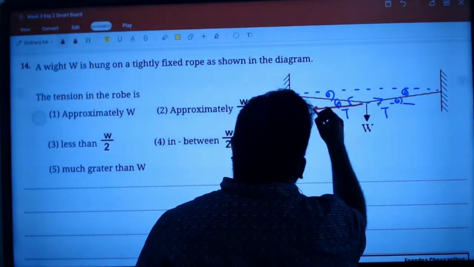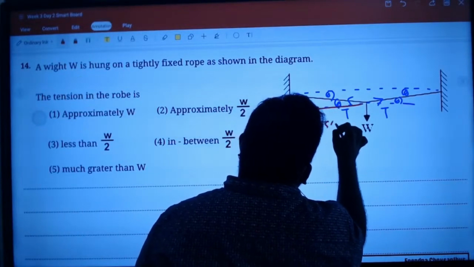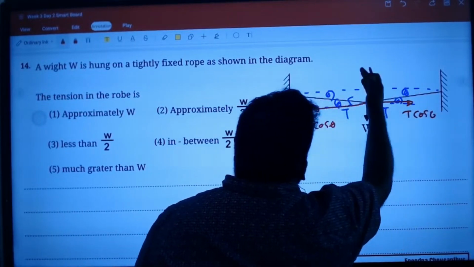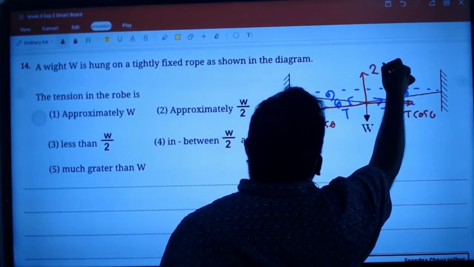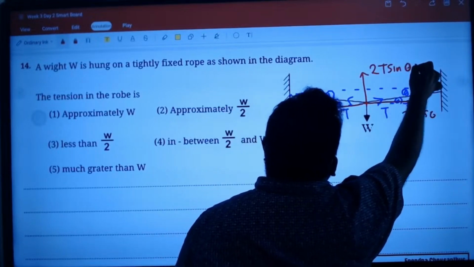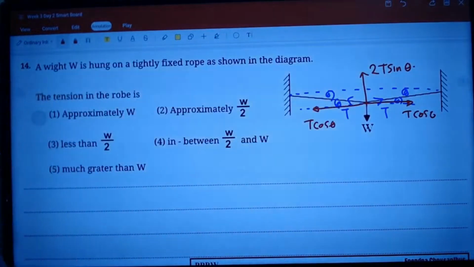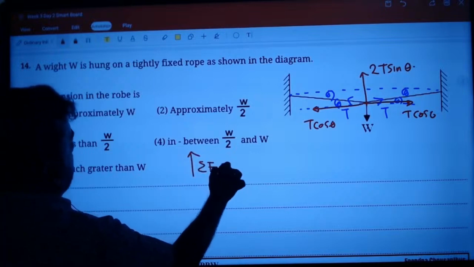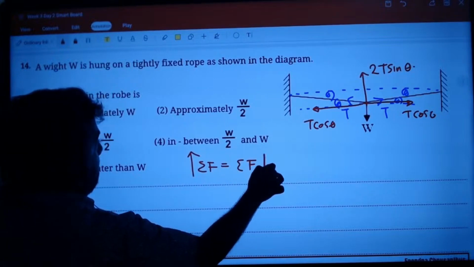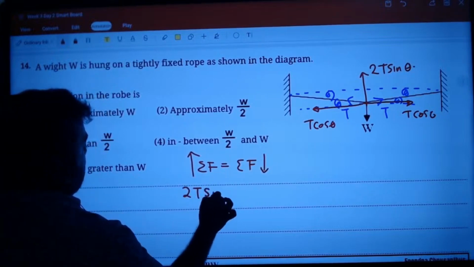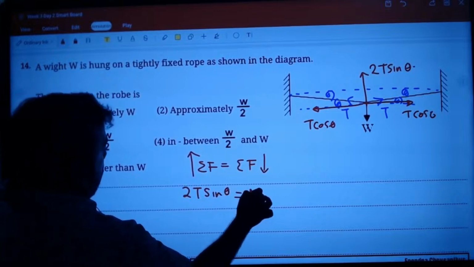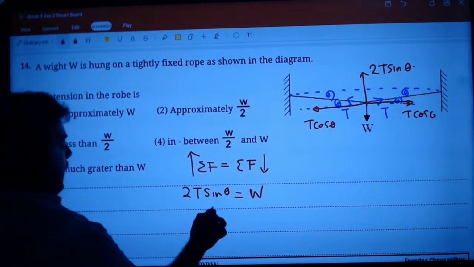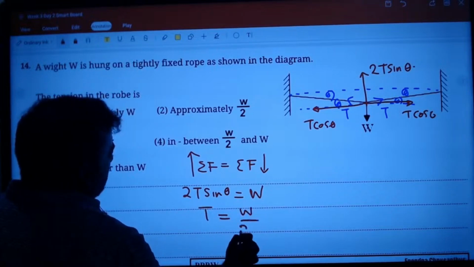T cos theta here, T cos theta. T sin theta, 2T sin theta. Right. So if in equilibrium, the sum of forces in the upward direction balances the sum of forces in the downward direction. 2T sin theta is equal to W. What are they telling you about the tension? Tension equals W divided by 2 sin theta.